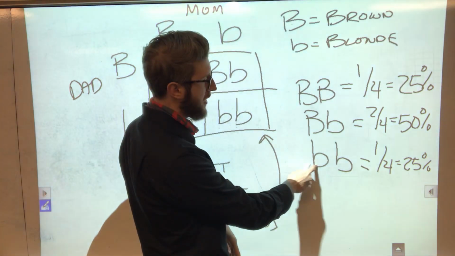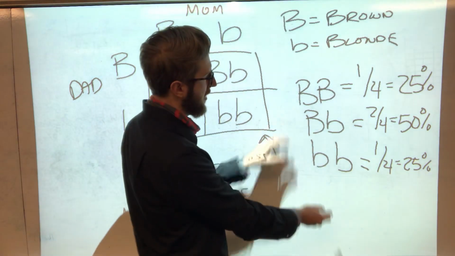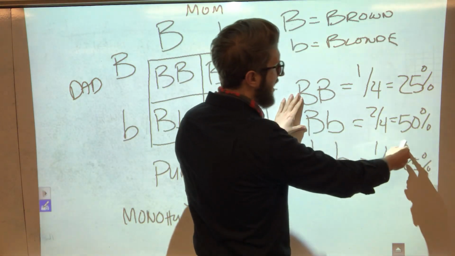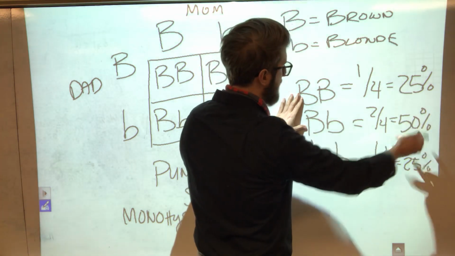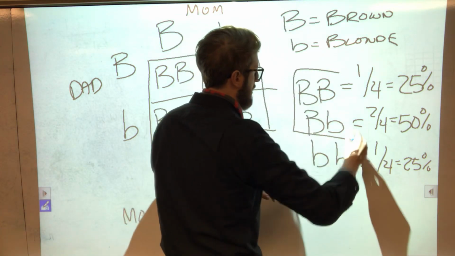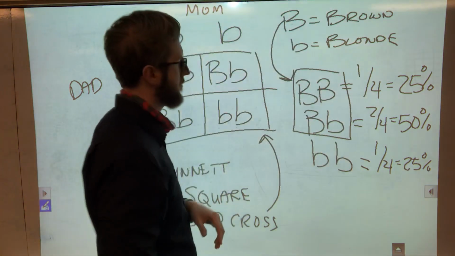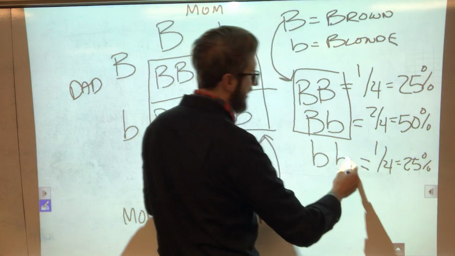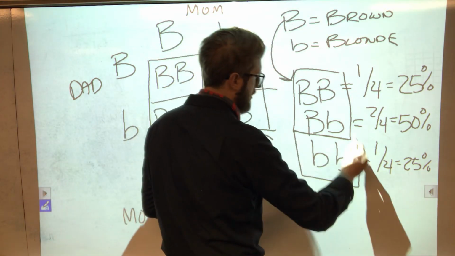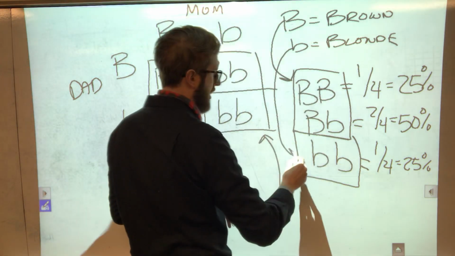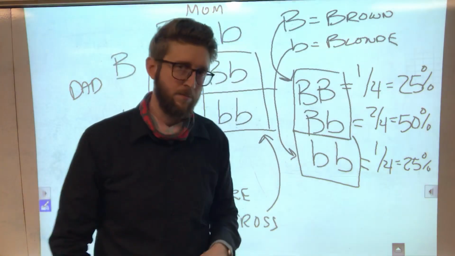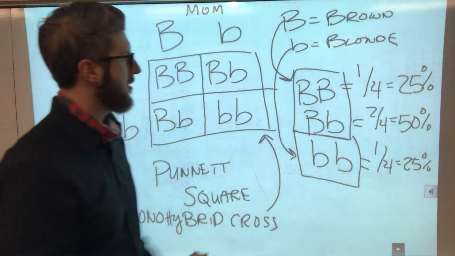There is no capital B here, so this isn't brown hair, this is blonde hair. So there's a 75% chance, 25 plus 50, that the kid will be brown haired, okay? And there is a 25% chance that the kid will be blonde haired, all right?